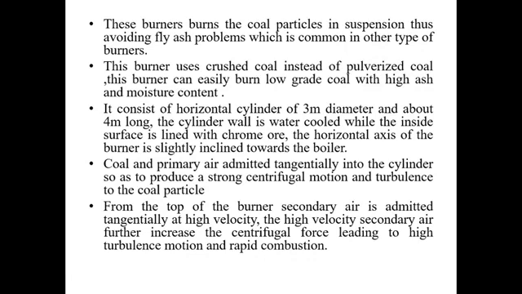These burners are used to reduce the flying ash. It will not allow the flying ash. As I told you, the secondary air will direct the ash towards the ash handling system directly. So that's why it is done in this way. Here the size and all is mentioned in this slide, so you can go through.